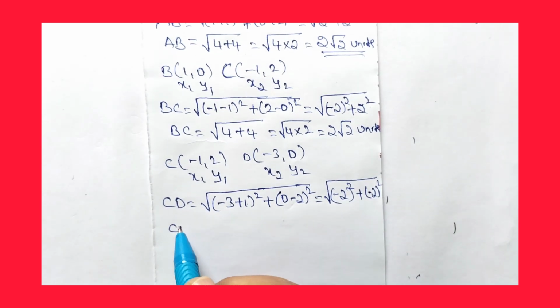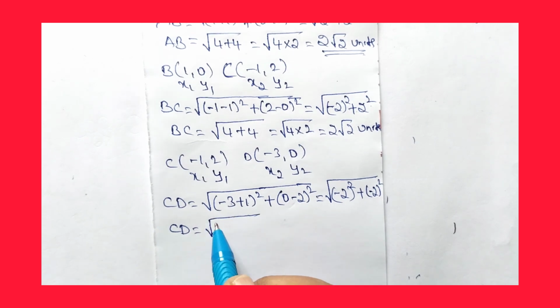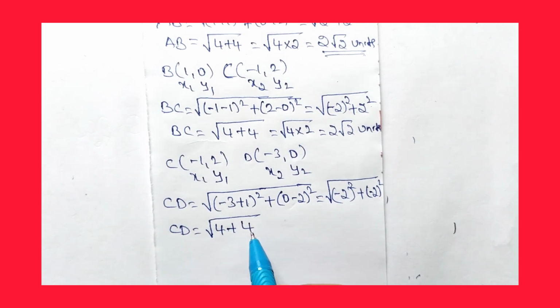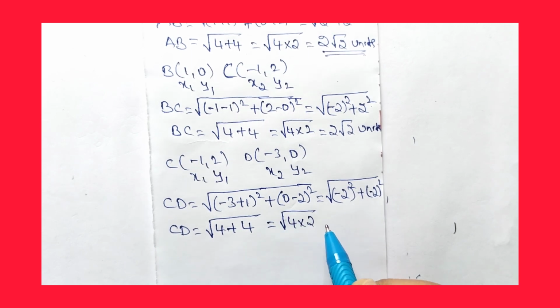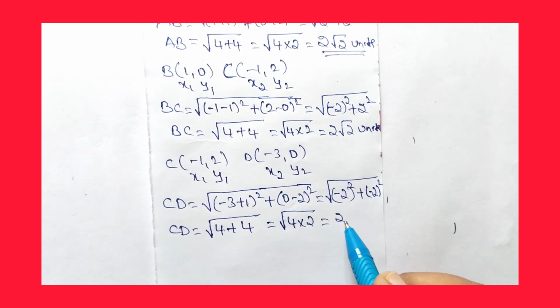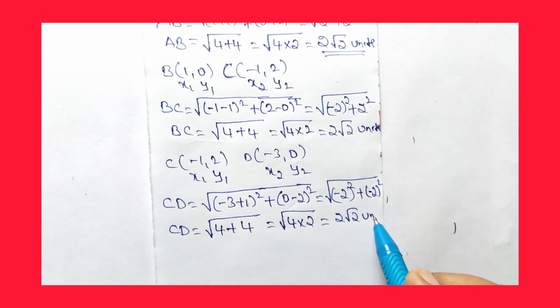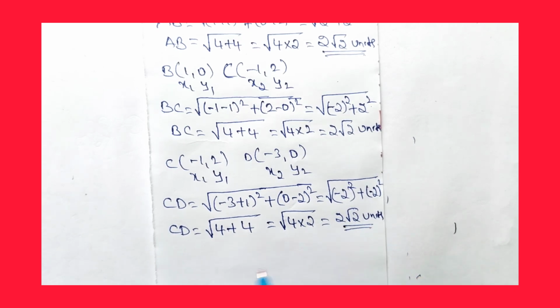So CD is equal to the square root of 4 plus 4, that is square root of 4 into 2, which is 2 root 2 units.